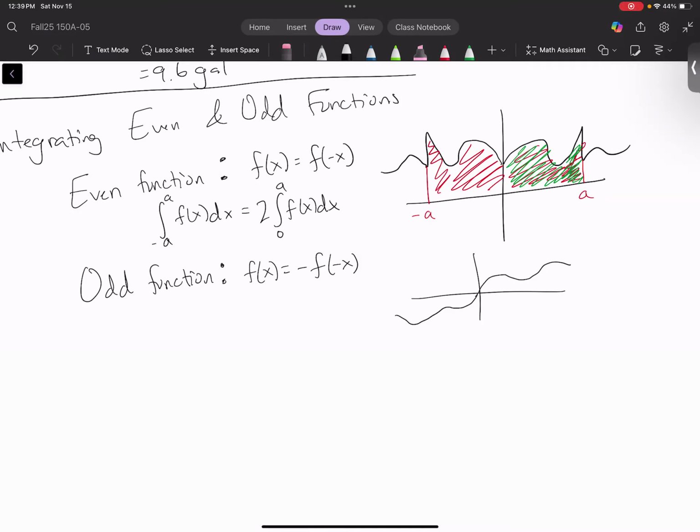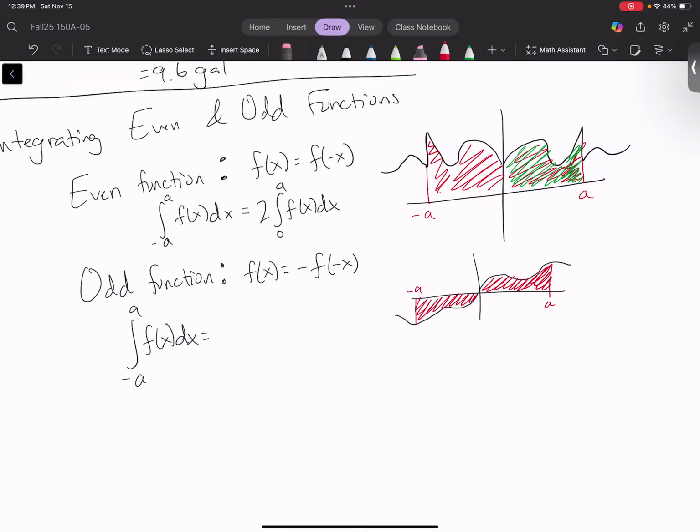Similar thing for odd functions, so the integral from negative a to a of f of x dx. But notice what happens if I do here to here. So this is a, negative a, and I'm doing this integral now. Think about what happens.